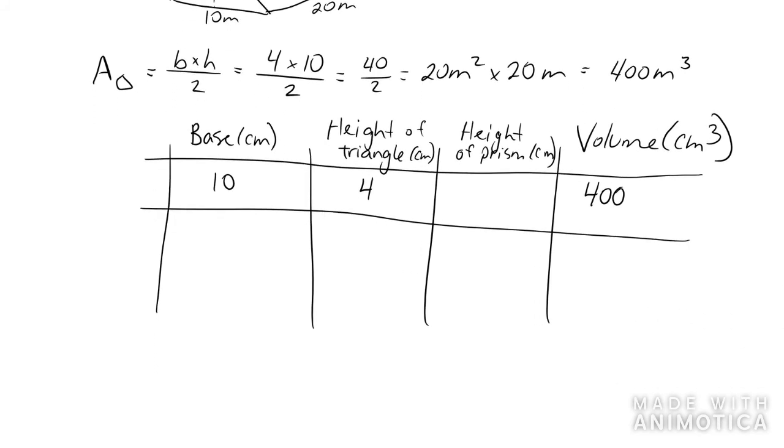Well, we know that the volume is going to be the base times the height of the triangle divided by 2, and we're going to times it by the height of the prism. So HT I'm putting for height of the triangle.